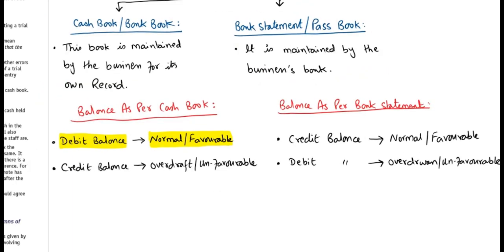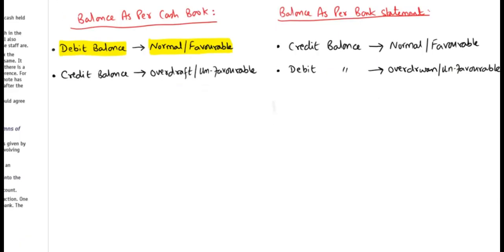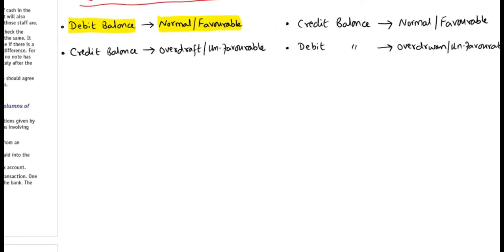So this is the little story related to cash book and bank statement. Now I will tell you how these two accounts work. The bank account or cash book which a business is maintaining, for example.